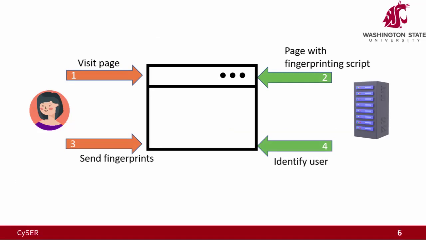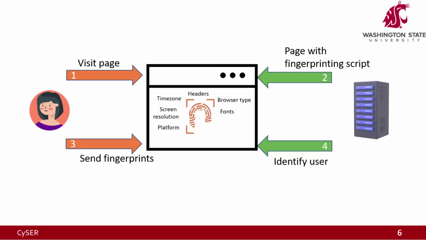So the question is, what are the fingerprints? What exactly is the information collected by the website? That could be information about the time zone, the user's device screen resolution, the platform, the headers, the browser type, which browser the user is using, and the fonts.